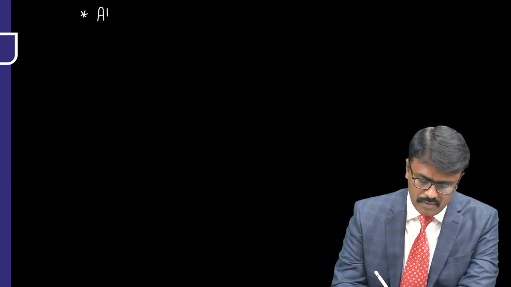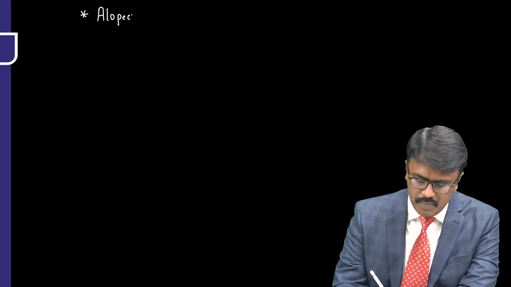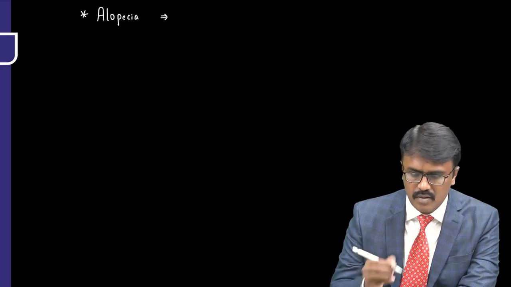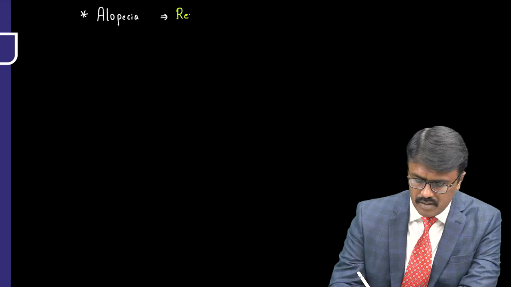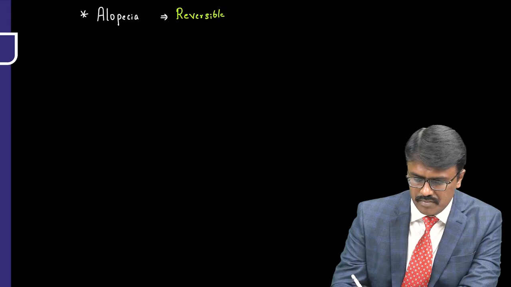The hair follicle also divides. If you use an anti-cancer drug, the patient will have loss of hair, which we call alopecia. Is alopecia reversible or irreversible? It is reversible, so no need to worry about that.